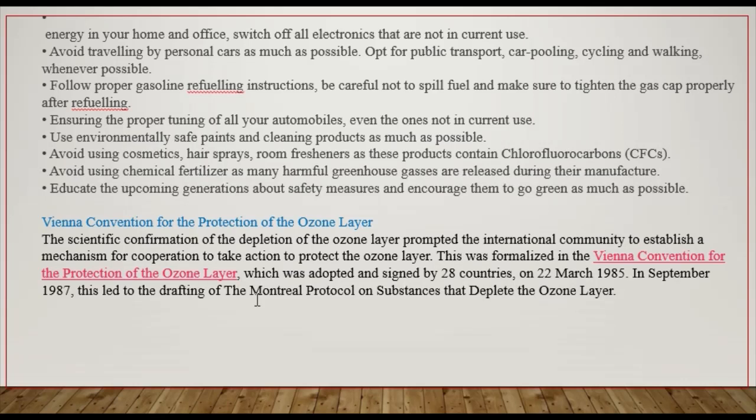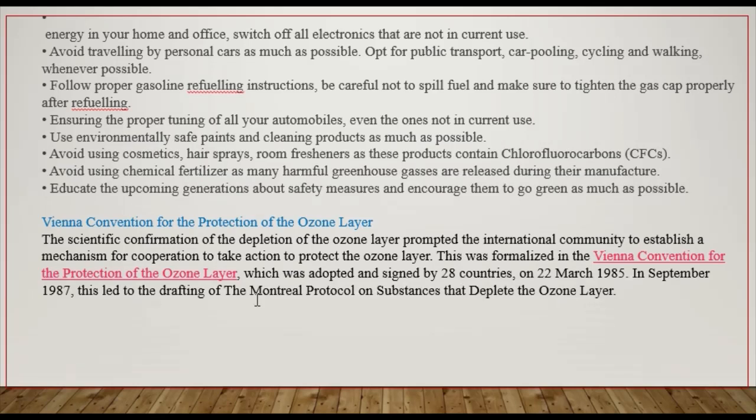We should avoid traveling by personal cars so that pollution is reduced. If you opt for public transport or carpooling, cycling, or walking, whatever is possible, it will reduce the pollution. And you should follow proper gas refueling and oils. We should avoid oil spills, whether in water or any other place.